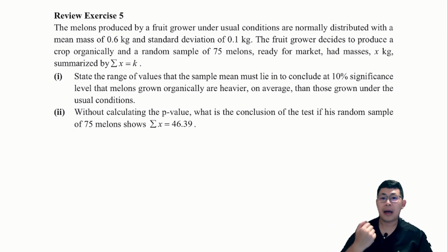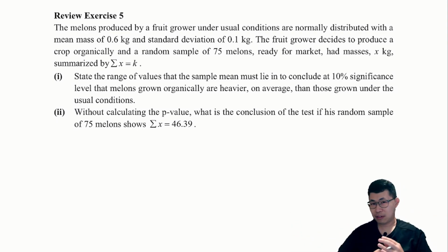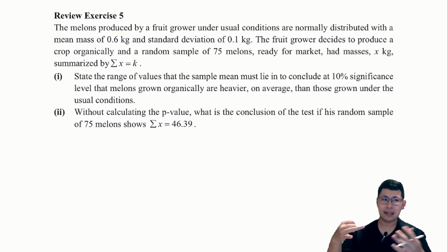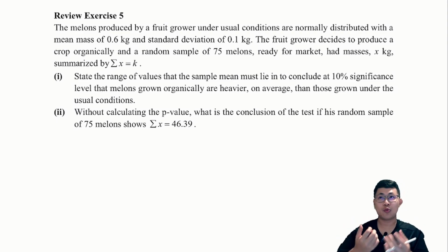And what we need to work backwards is we may need to find back the unknown population mean, the unknown population variance, or even the sample size, the significance level, or even the sample mean. So there are many things that we can work backwards towards, because as we've seen in the previous examples, we need many different quantities to make this test happen.